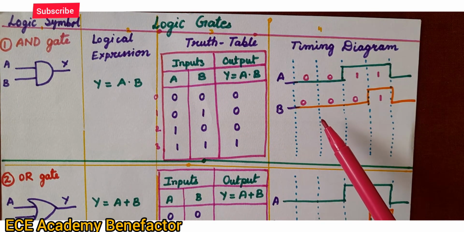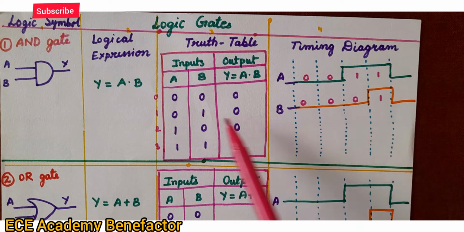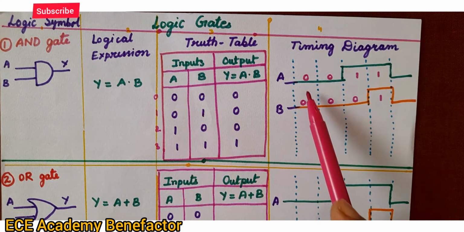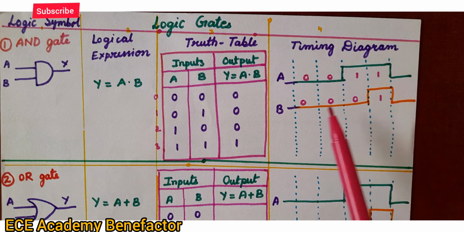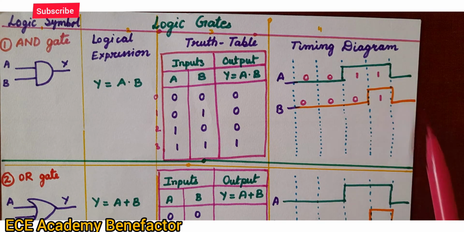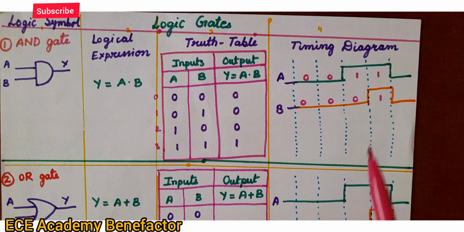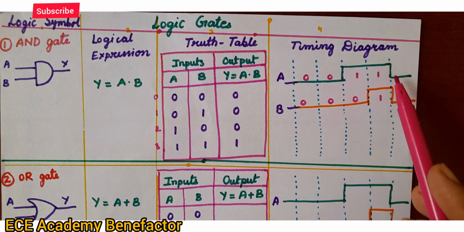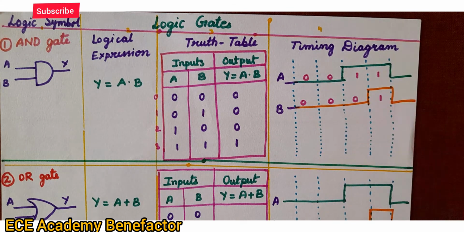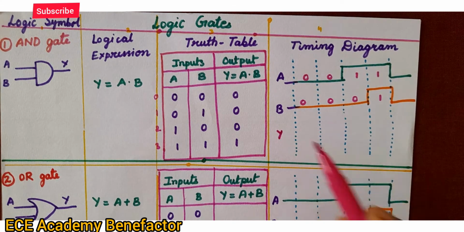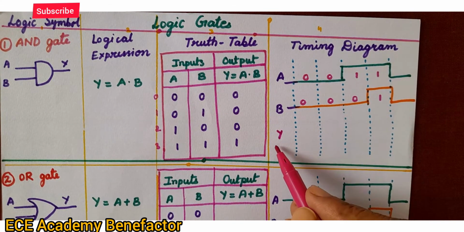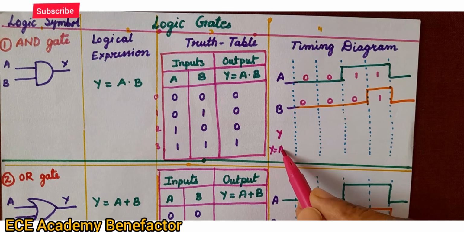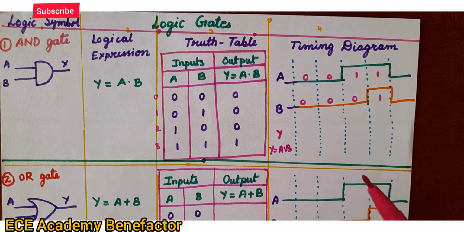Coming to the timing diagram, input A is represented in the form of a waveform and B is represented by another waveform. Let us say the A waveform is of this kind and the B waveform is of this kind. What will the output be here? What is the expression for Y? Y is equal to A dot B for an AND gate.